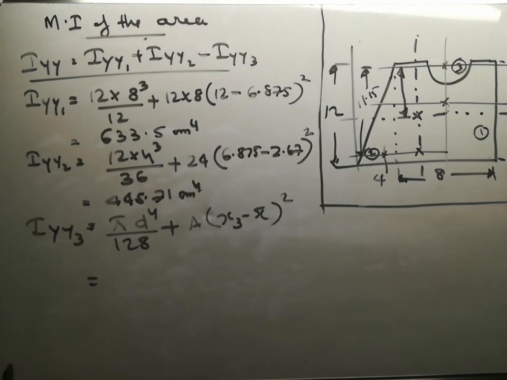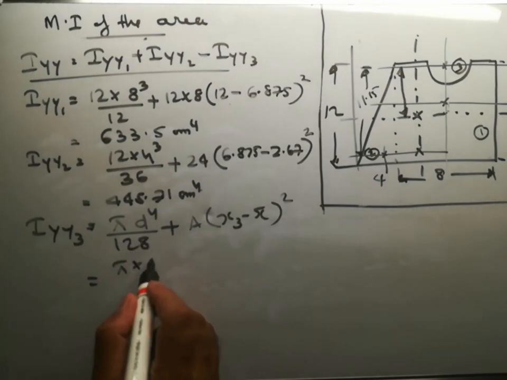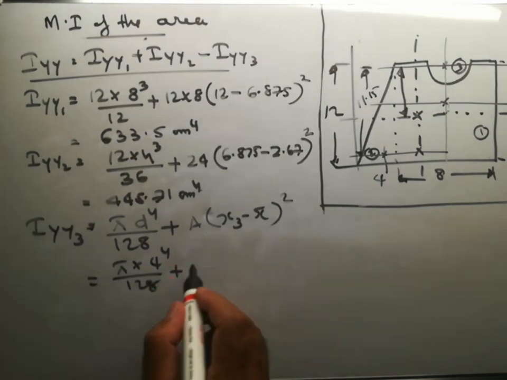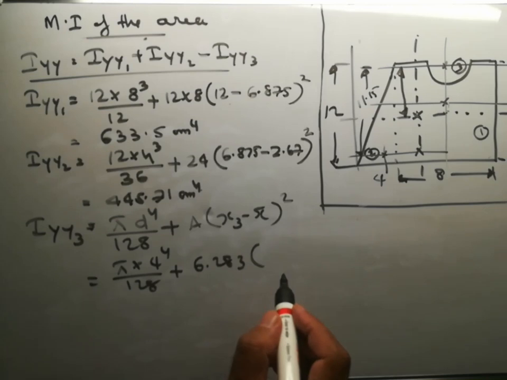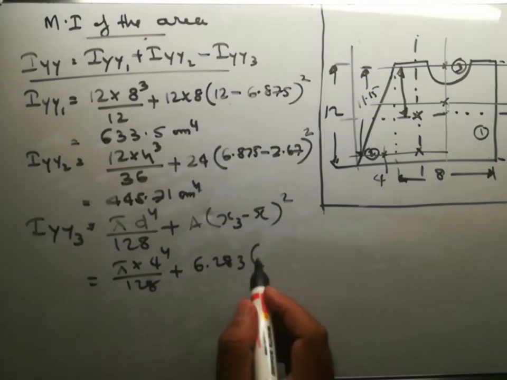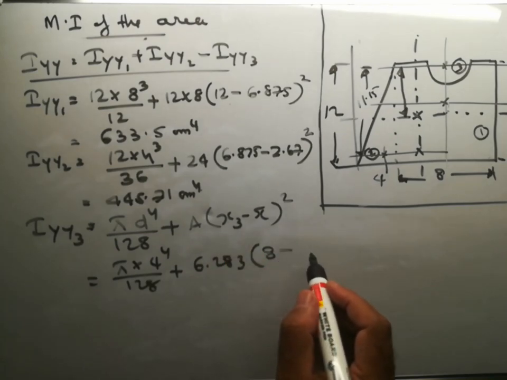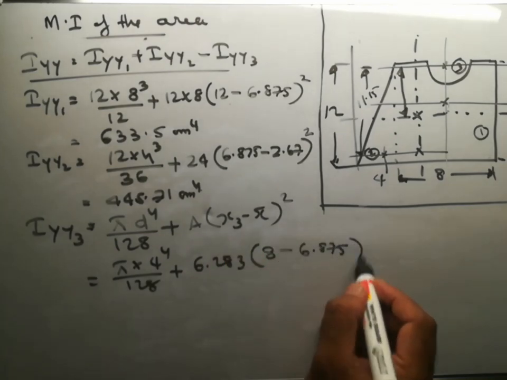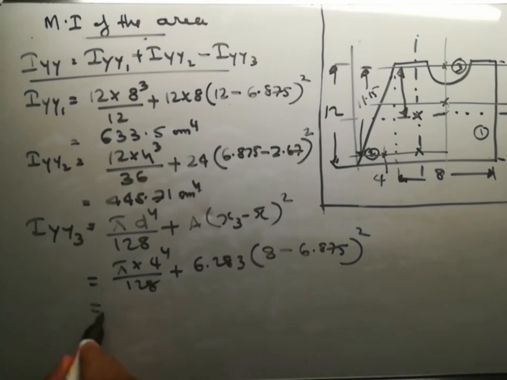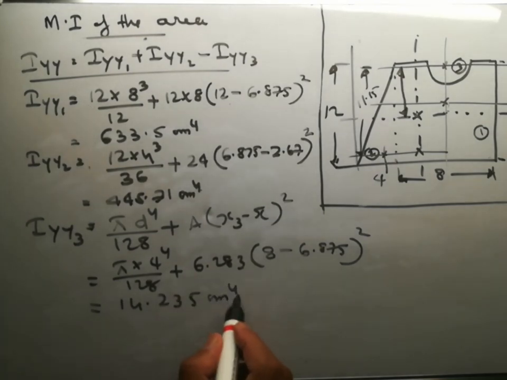So it is equal to pi into d, which is 4, raised to 4 by 128, plus area, 6.283, into 8 minus 6.875 squared, and that is equal to 14.235 centimeters raised to 4.